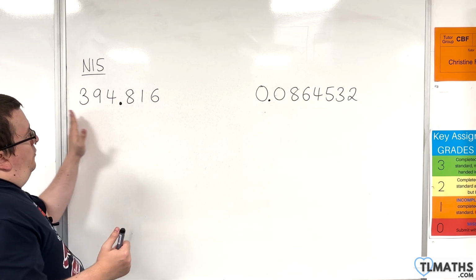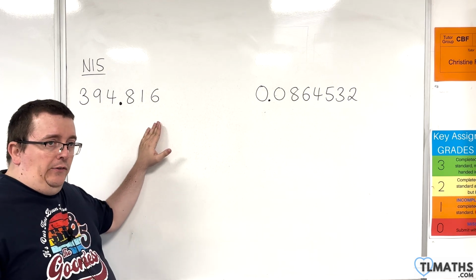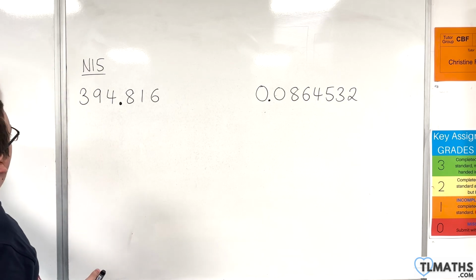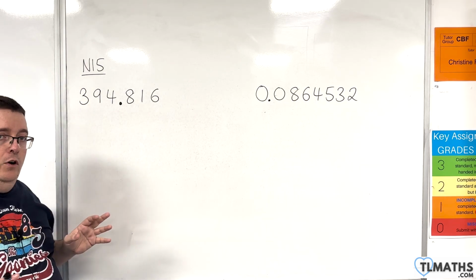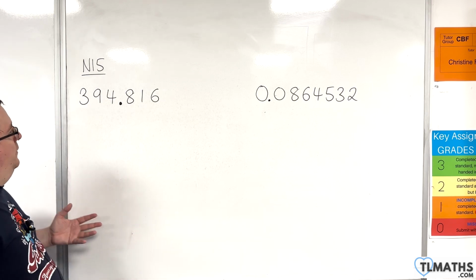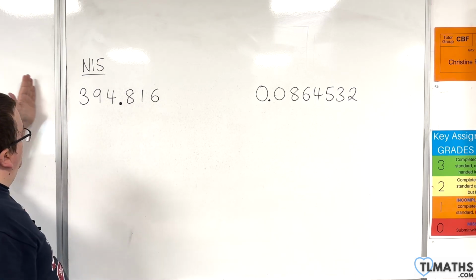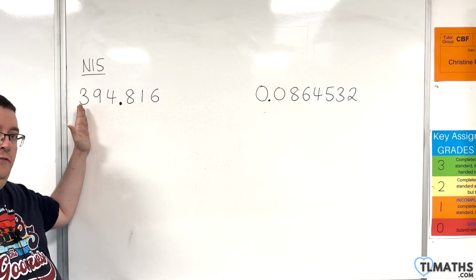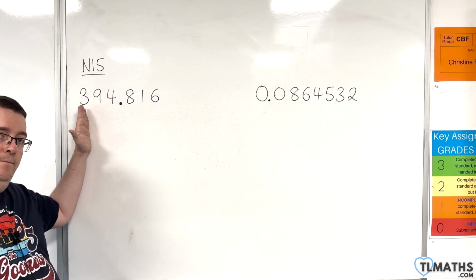So, 394.816. Now, theoretically, there are a load of zeros to the left of the 3. We just don't bother writing them down, okay? So, you're essentially going through all those zeros until you hit the first significant figure, which is the 3.